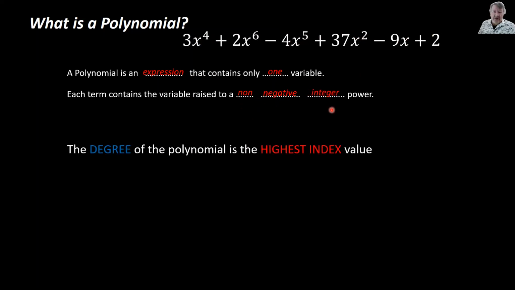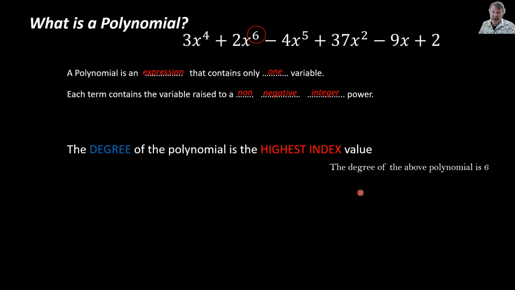All right, let's have a look at a few bits of terminology. The degree of the polynomial is the highest index value. So where's that up here? The highest index value is going to be the 6. So we can say that the degree of this polynomial is 6.